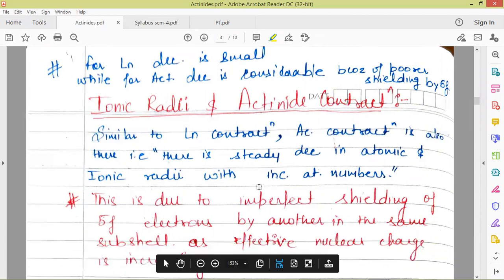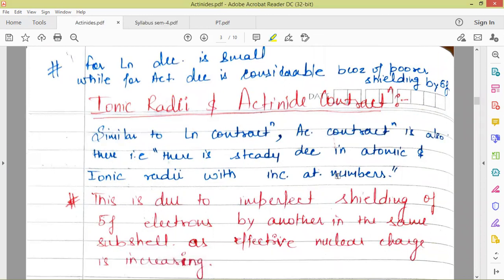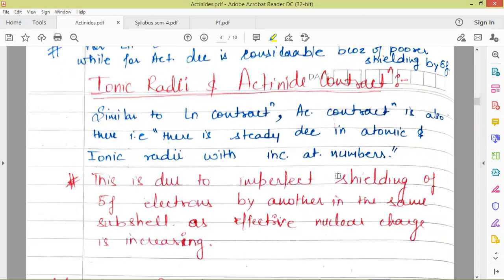Although the decrease is there, the decrease is considerable. There is a decrease from thorium to lawrencium in the size of the ions as well as the atom. There is much decrease in comparison to the other periods, but for lanthanides the decrease was very small.